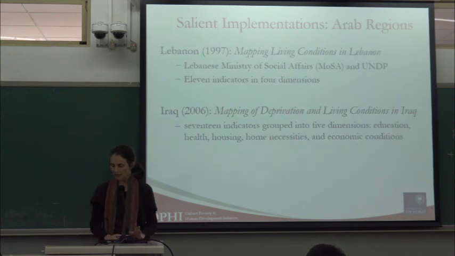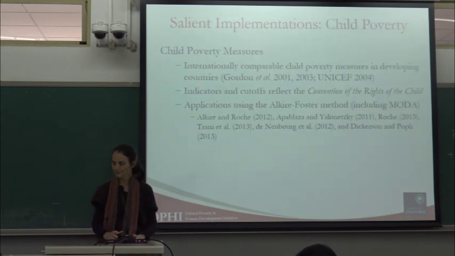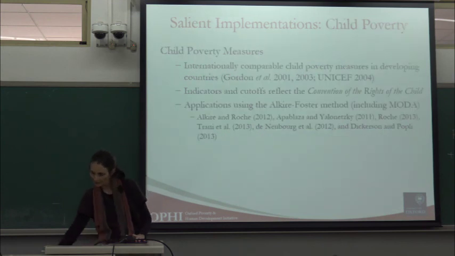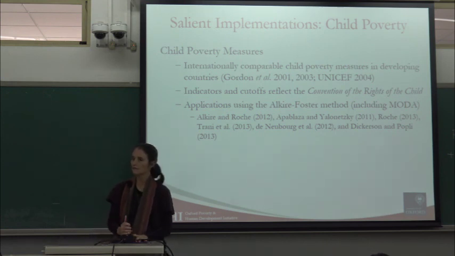And as I mentioned, in the Arab region, some of the living conditions literature draws on the basic needs literature from Latin America, but it uses different indicators in constructing appropriate living conditions rather than poverty maps in those countries. And I think the final one that I wanted to mention is that there are a number of child poverty measures that use counting-based approaches.